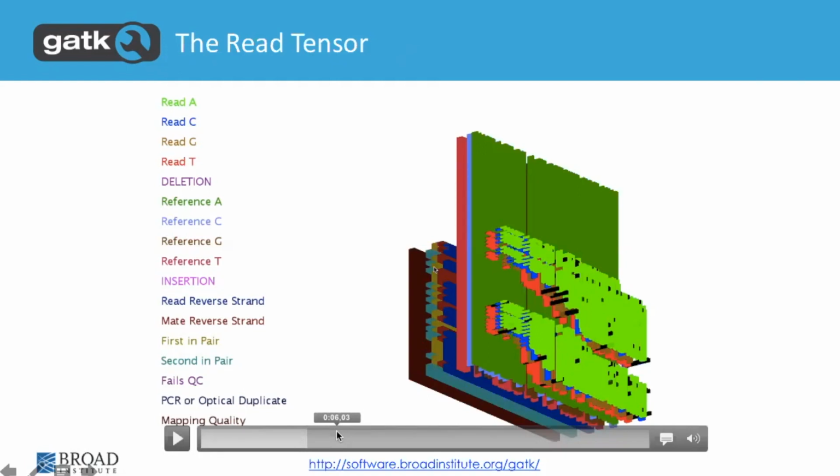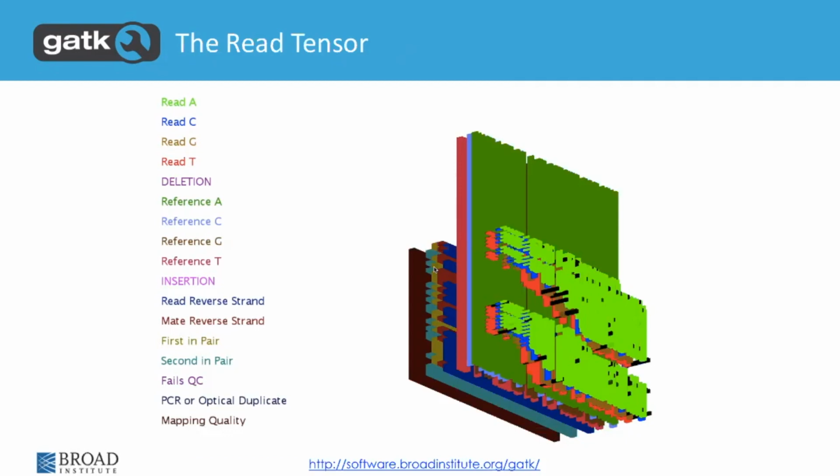Then there's the reference behind. Then we encode the information about the reverse strand, or whether the mate is a reverse strand, with more channels. So basically, in this dimension we have the channels of our tensor, and in this dimension we have the reads themselves.